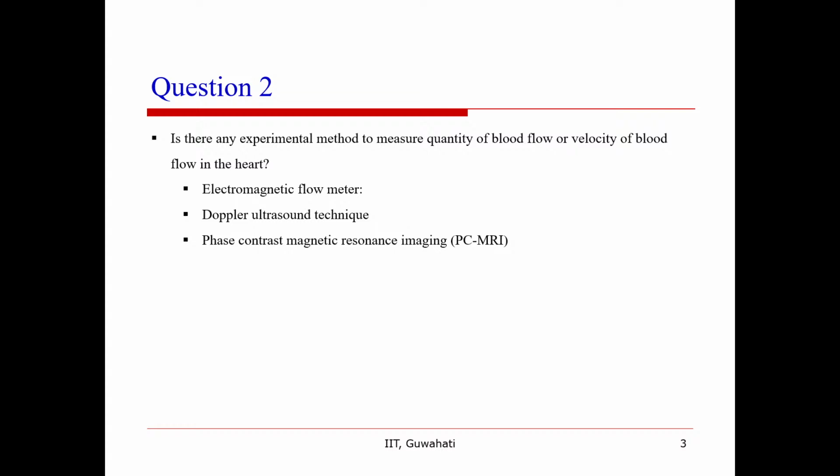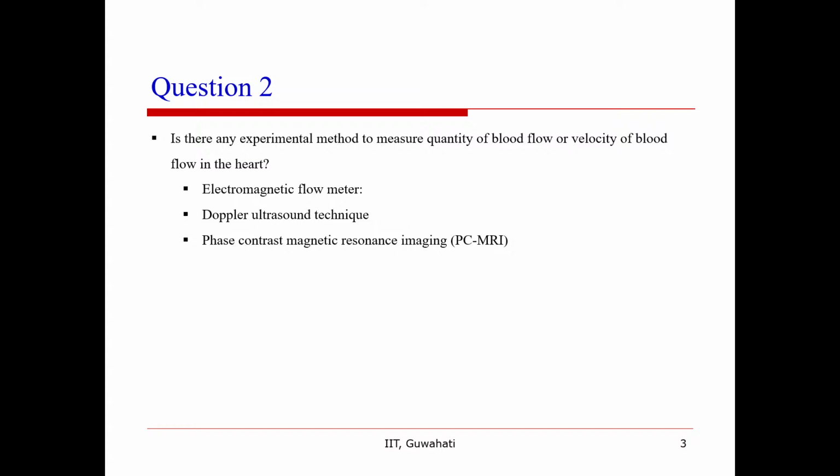Then there is Doppler ultrasound technique, which basically is based on sound. That sound goes and it gets reflected from, say, for example, flowing blood, and by the difference in the frequencies, one can measure the velocity of the fluid.